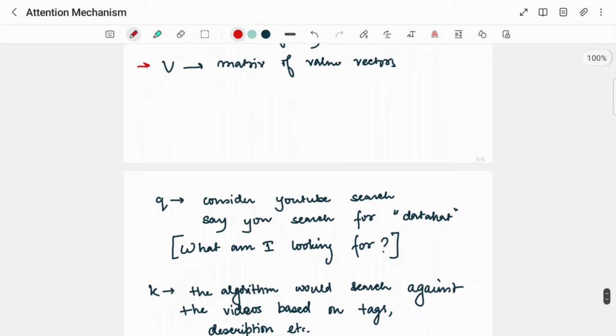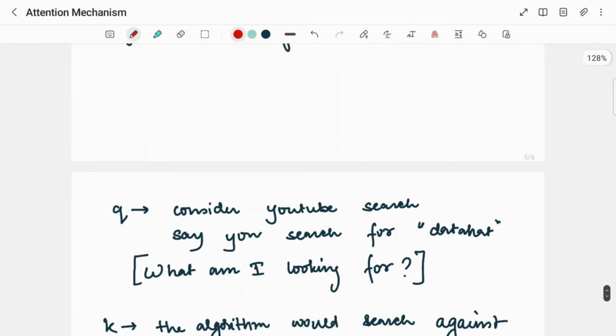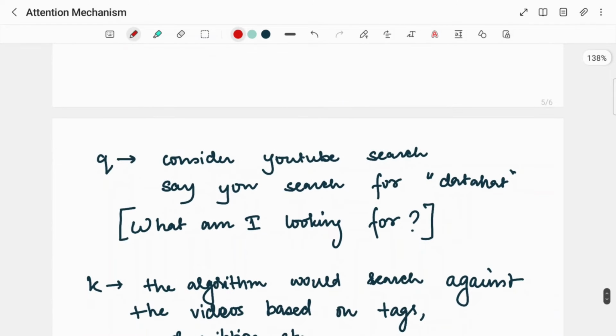Q is basically what am I looking for. Say when you are going for a YouTube search, you give the keyword Datahat. Datahat is the query that you are looking for. The algorithm will go back into its database and look against all the videos that are possible, look for their tags, titles and descriptions.